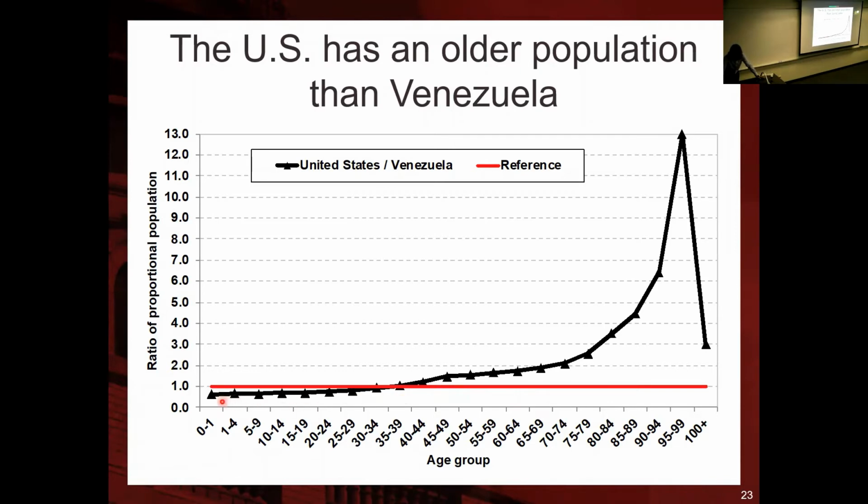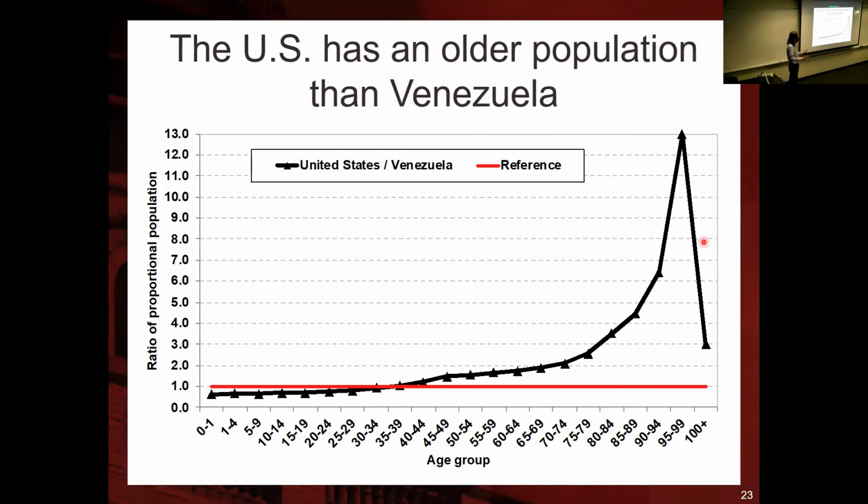Overall, what do you see? The ratio of US divided by Venezuela is below 1 unit. If it's below 1 unit, you have more people in Venezuela than in the US proportionally. So more people in Venezuela proportionally in younger ages, and more people in the US proportionally in older ages.